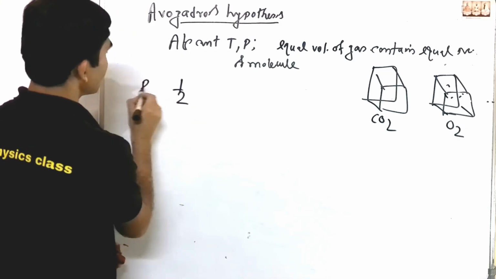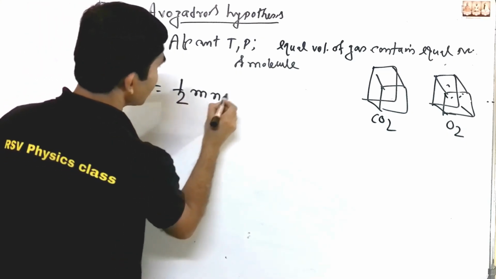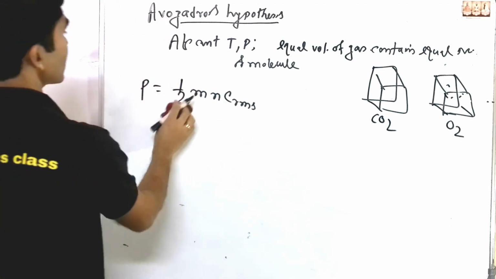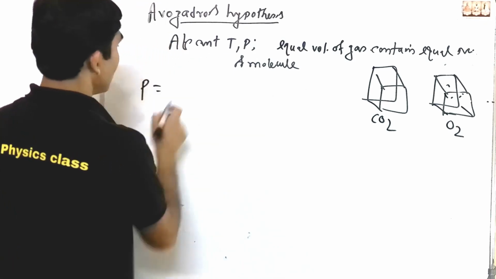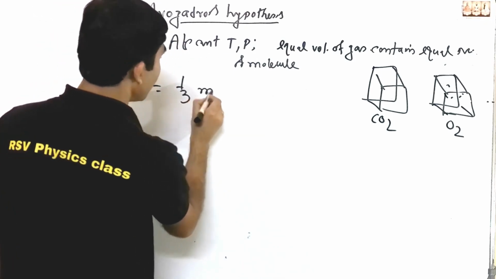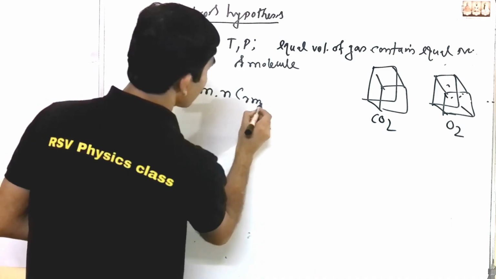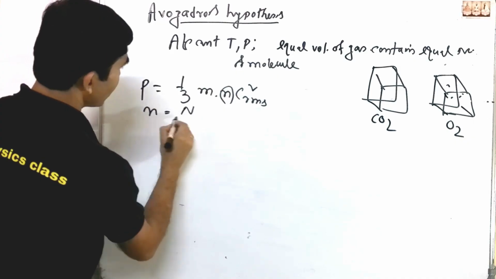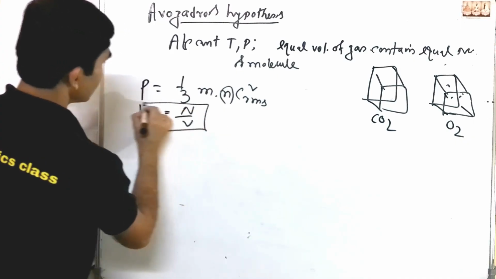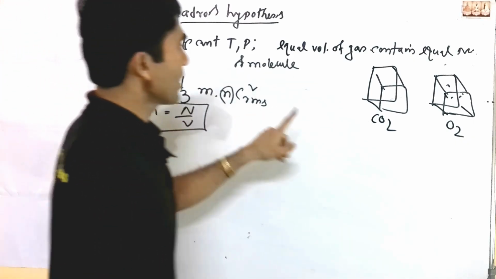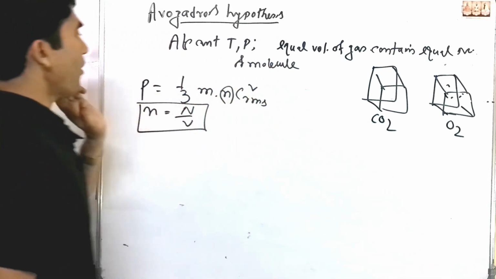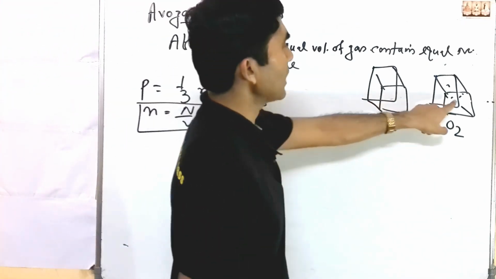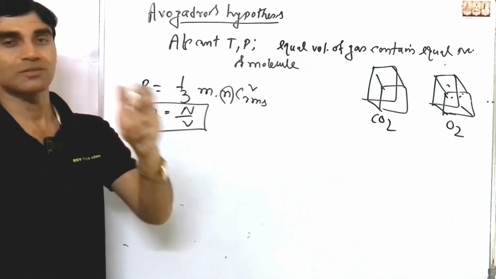So pressure equal to 1/3 mNc RMS square. छोटा n, this is your N over V. छोटा n बड़ा N you should not confuse with. Okay, so now if temperature is constant, so average kinetic energy of this container is constant.